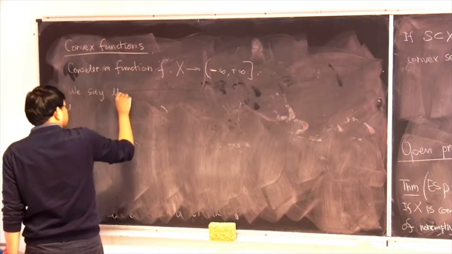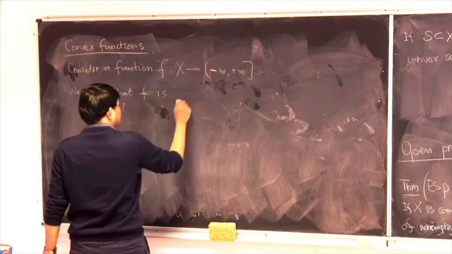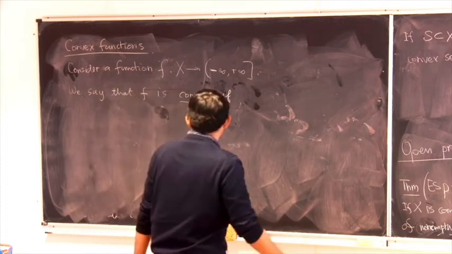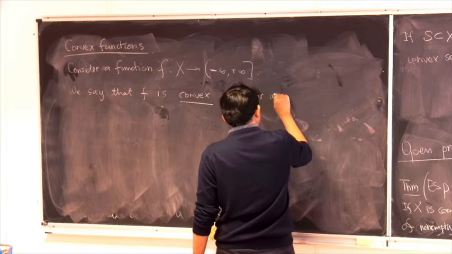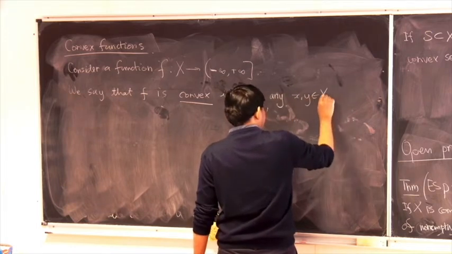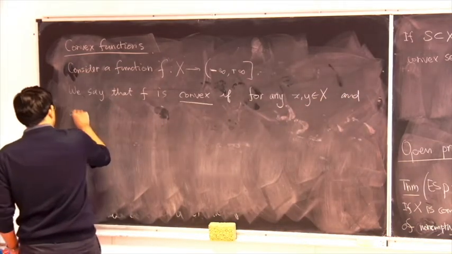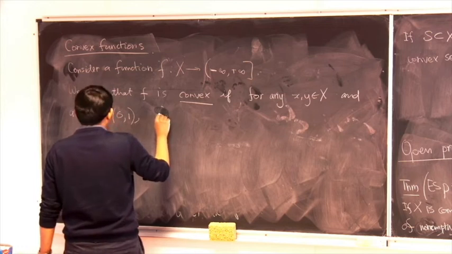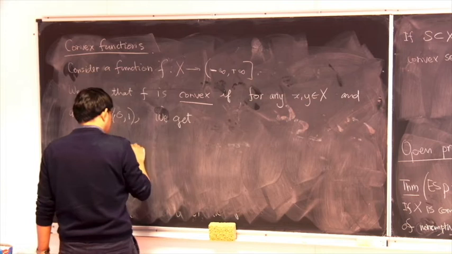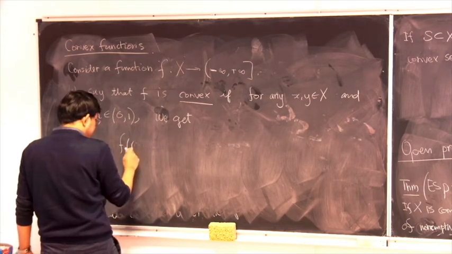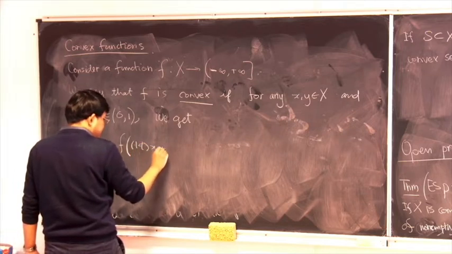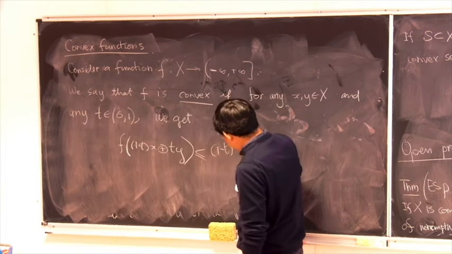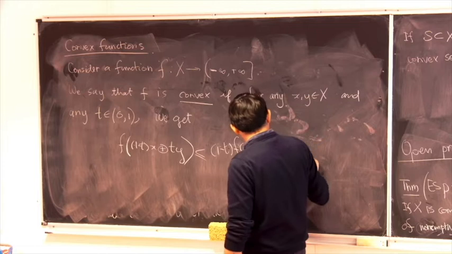And we say that f is convex if for any x, y in X and for any t belonging to the open interval 0 to 1, we get f at (1 minus t)x plus ty less than or equals to (1 minus t) f(x) plus t f(y).